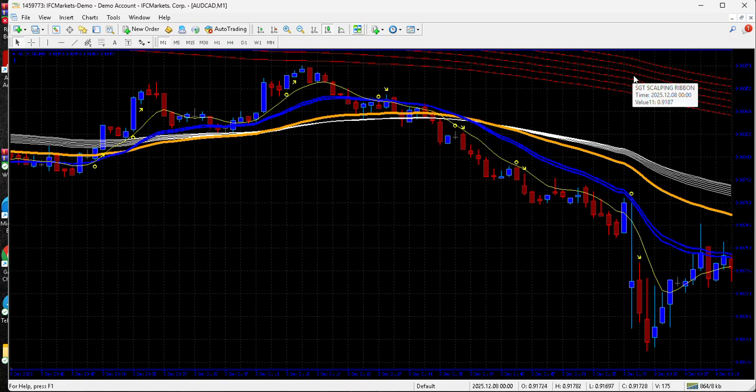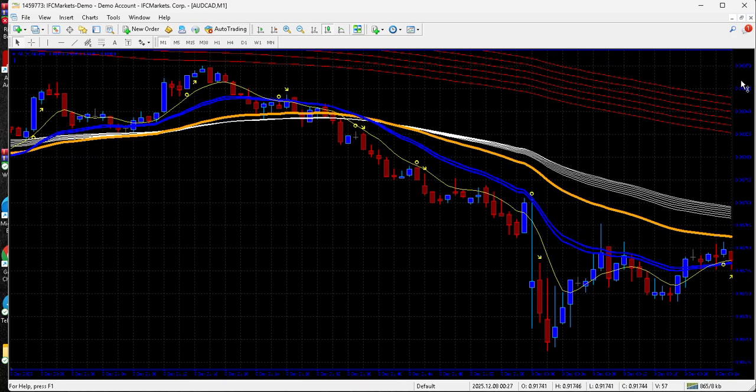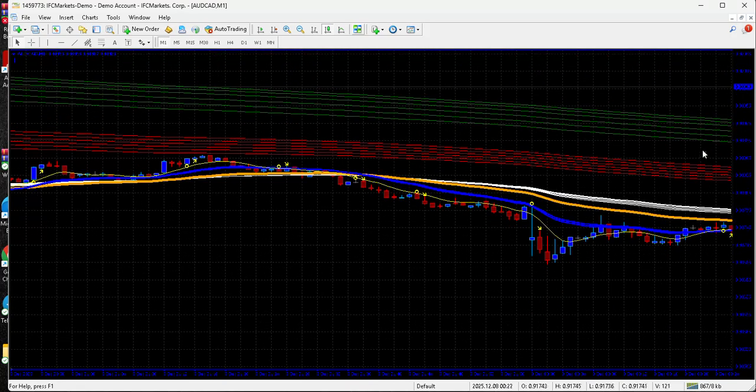Remember, just to give it clarification, think of the green line as a very hard wall. The red line is a medium wall, so it's not as strong.